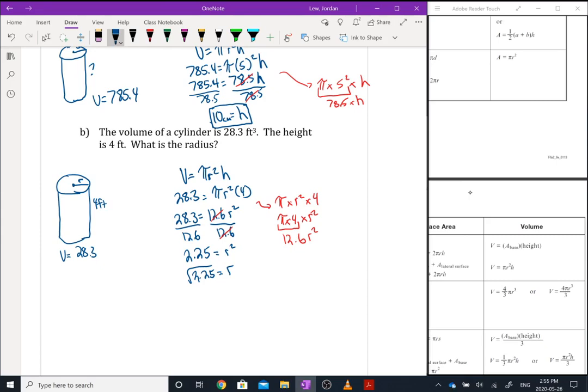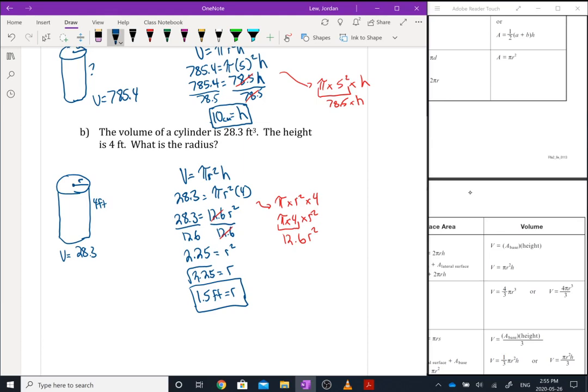And we should get 1.5, which is equal to r. And because it's only one measurement, it's not volume, so 1.5 feet. Let me just write that out a little bit neater. 1.5 feet is equal to my radius. So I found my radius.